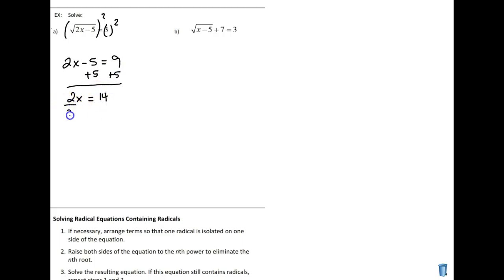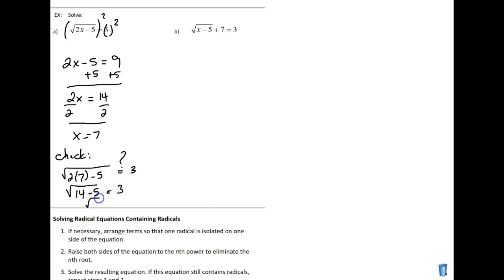So 2x equals 14 and x equals 7. You can check this by plugging it back into your original equation. Does the square root of 2 times 7 minus 5 equal 3? Well, this becomes the square root of 14 minus 5, which is the square root of 9, which is indeed 3.